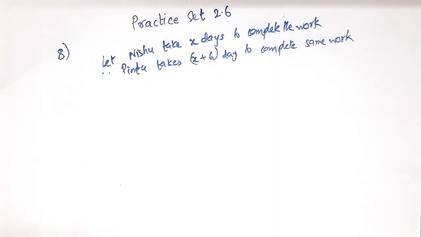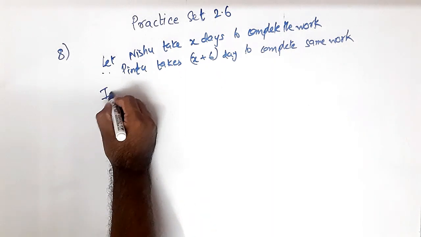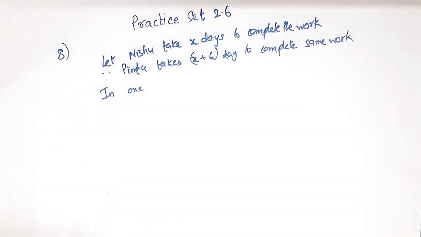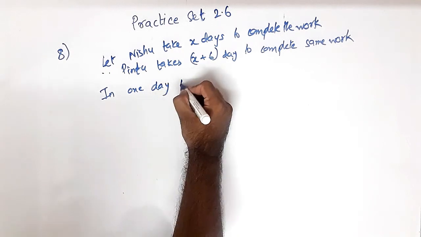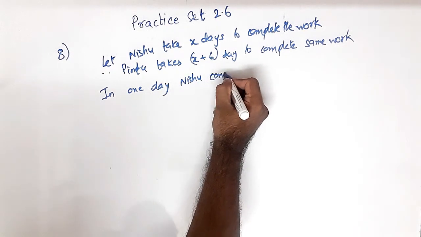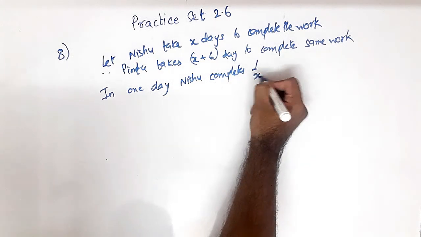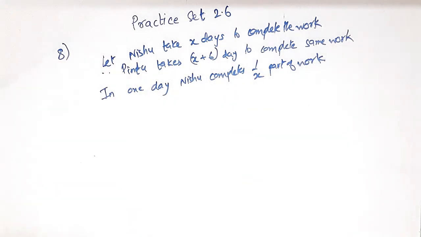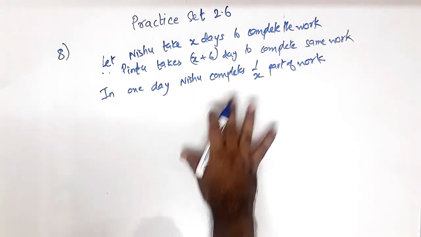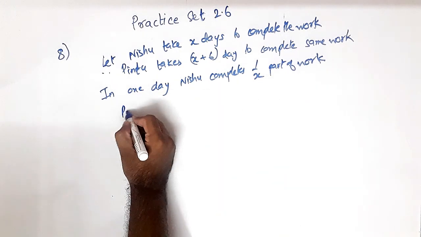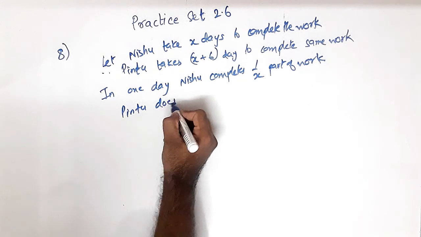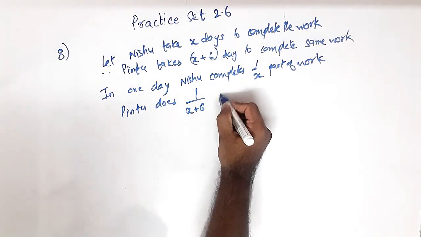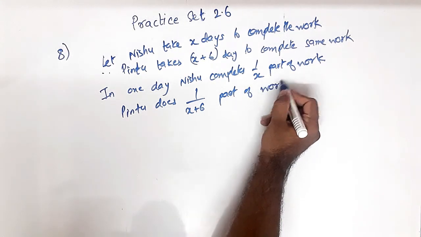Now, whenever we have a word problem on men and work, we have to carry out this. This is an example of inverse variation. So in one day Nishu completes 1 upon x part of work. I think everyone will understand this, 1 upon x part of work. So Pin 2 does 1 upon x plus 6 part of work.